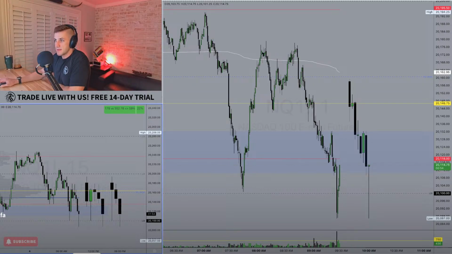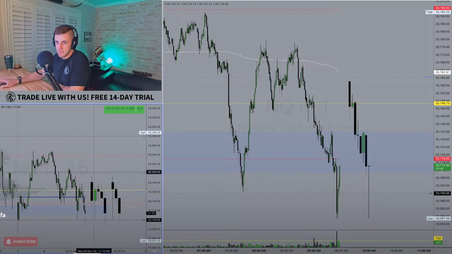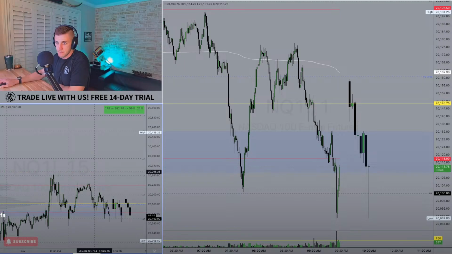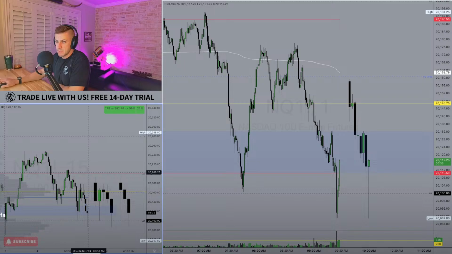Buyers stepping in again here versus the 2100 level of interest. It'll be interesting to see how this 15-minute candle closes ahead of the bell. See if we get some sort of hammer on that 15-minute candle closure right here. That would be ideal.